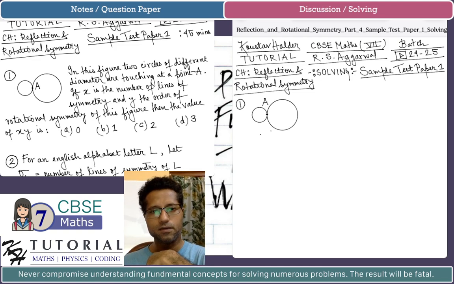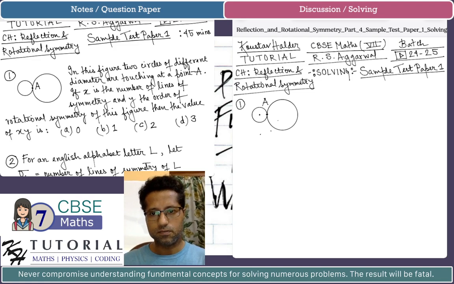Now we can see the lines of symmetry. They are touching at a single point, so if I draw a straight line joining their centers, let's say this is C1.